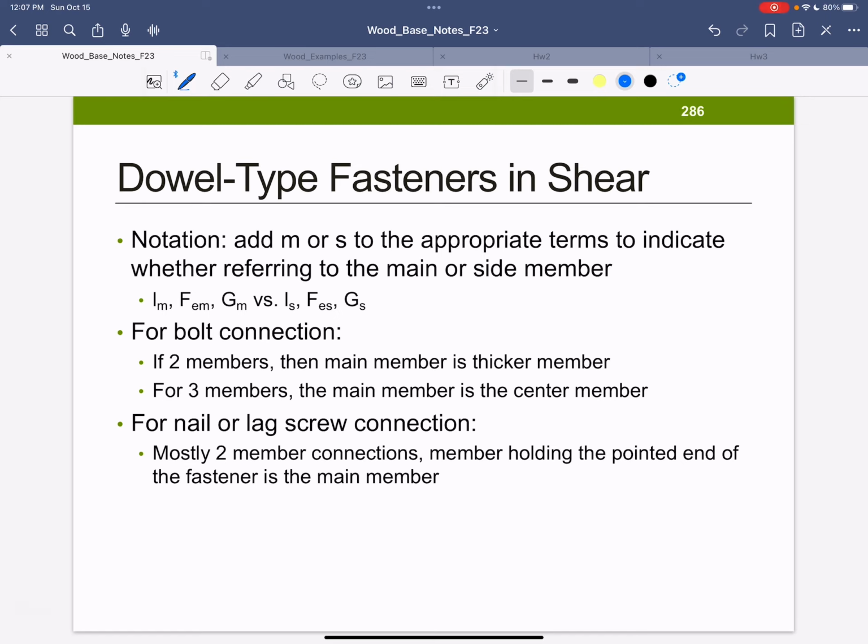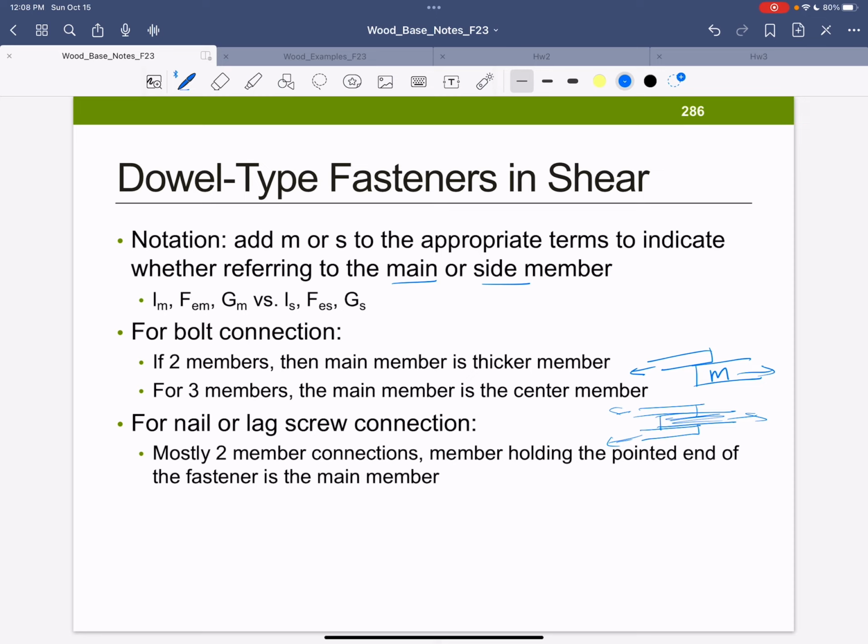All right, so you add an M or an S to the terms to indicate whether you're referring to the main or side member. If you have two members, the main one is the thicker member. If you have three members, let's say they're all the same size here, in this case, the main one is the central member, which often is the thicker one.